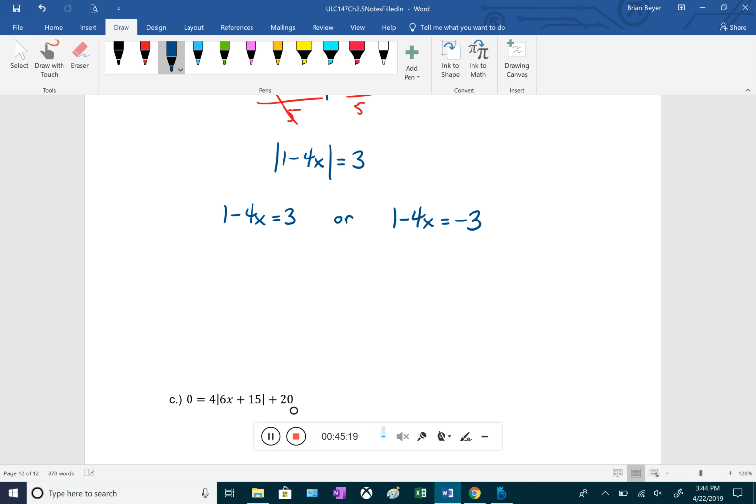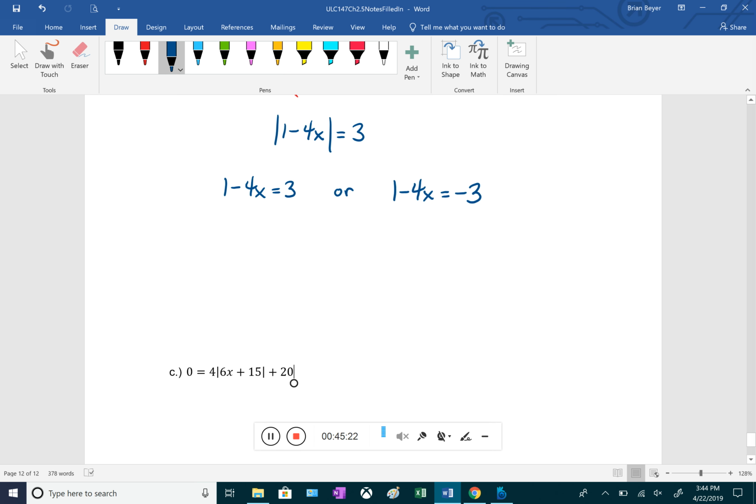So solving these both separately, we can subtract 1 on both sides for the one on the left. Subtracting 1 will give us negative 4x. 3 minus 1, we get 2. Divide both sides by negative 4, we get x equals 2 over negative 4, which is x equals negative 1/2.